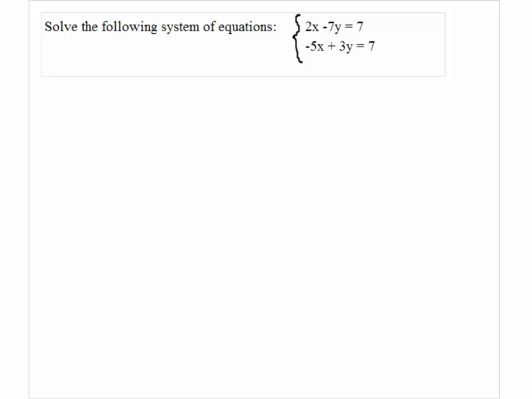Solve the following system of equations. 2x minus 7y equals 7, and negative 5x plus 3y equals 7. First, we decide which variable to eliminate. I decide to eliminate x.